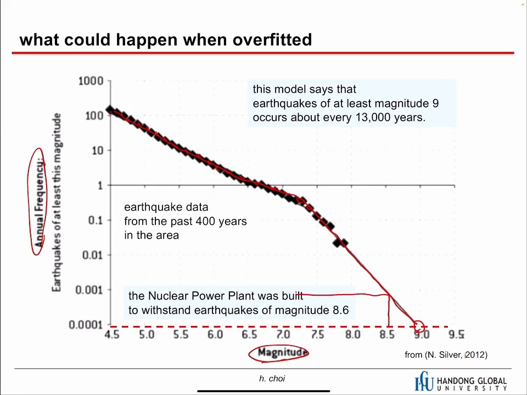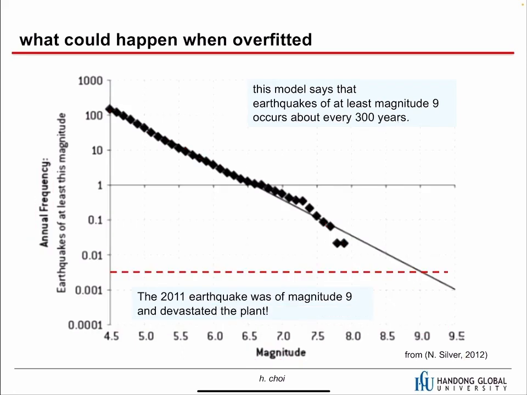Let's draw a line. And let's say this one is 0.005, which means magnitude 8.6 will occur about every 200 years. So that's what they did. But the 2011 earthquake was magnitude 9, and that devastated the plant.